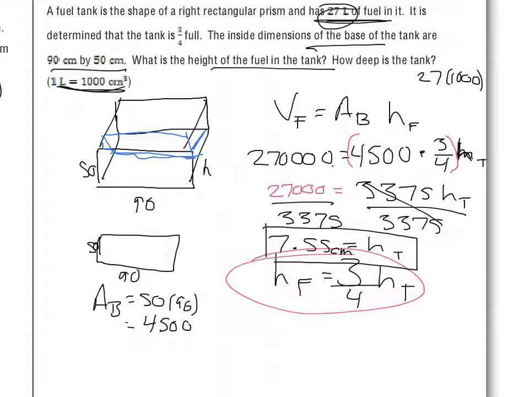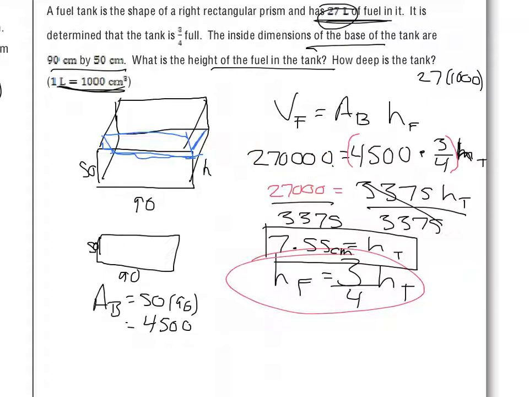So again, as we think through this, what's going to help you with your work and these word problems is first identifying the equation that you want to use for the volume of a prism, and that's where we start every time. Write your equation, plug in the information you know. We know the volume of the tank was 27 liters, which meant it was 27,000 cubic centimeters, so that's what went in for my volume.